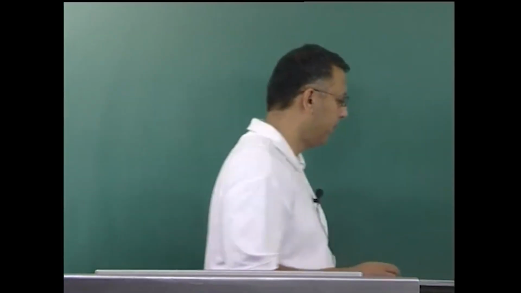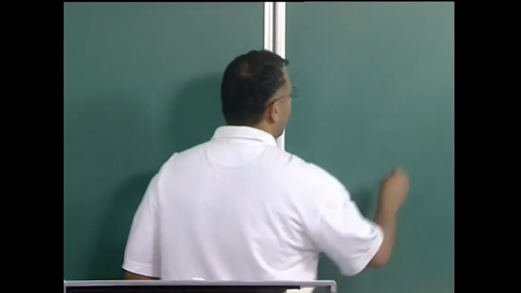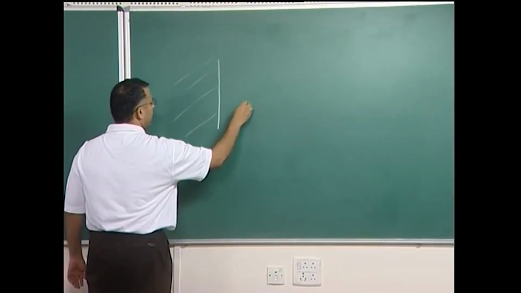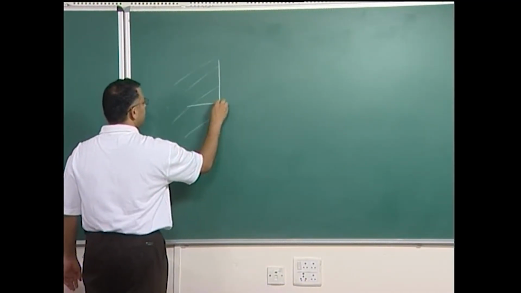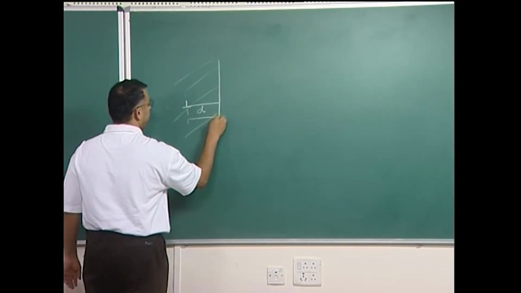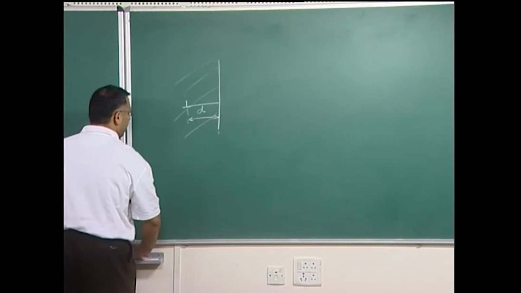When I mean a semi-infinite crystal, I imply that there is material on the left hand side, there is no material on the right hand side, and the dislocation is positioned at a distance d from the free surface.